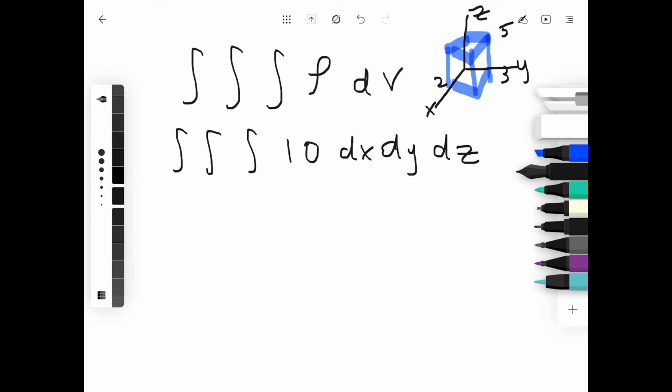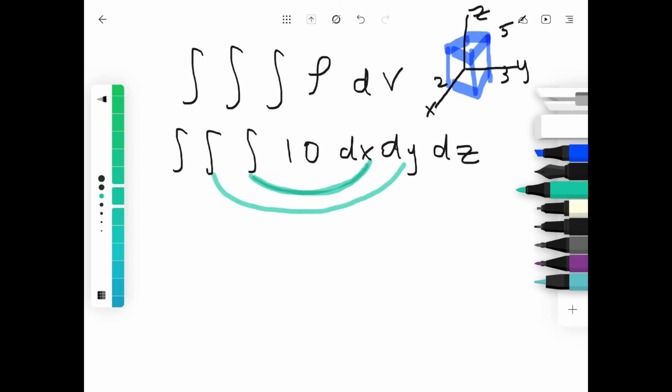So you have to remember that for a triple integral, you can just imagine it as separate integrals, but this corresponds with dx. This one corresponds to dy and dz.